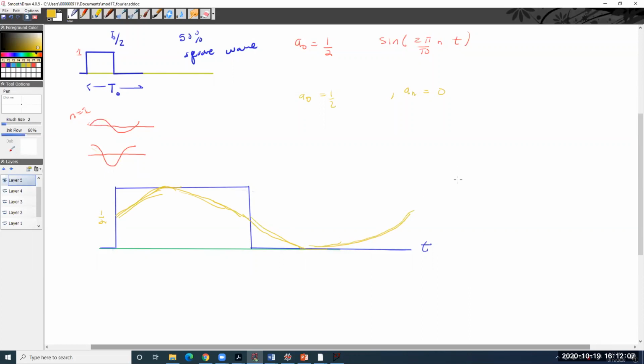And so if this is a half, it's going up by a quarter and down by a quarter.